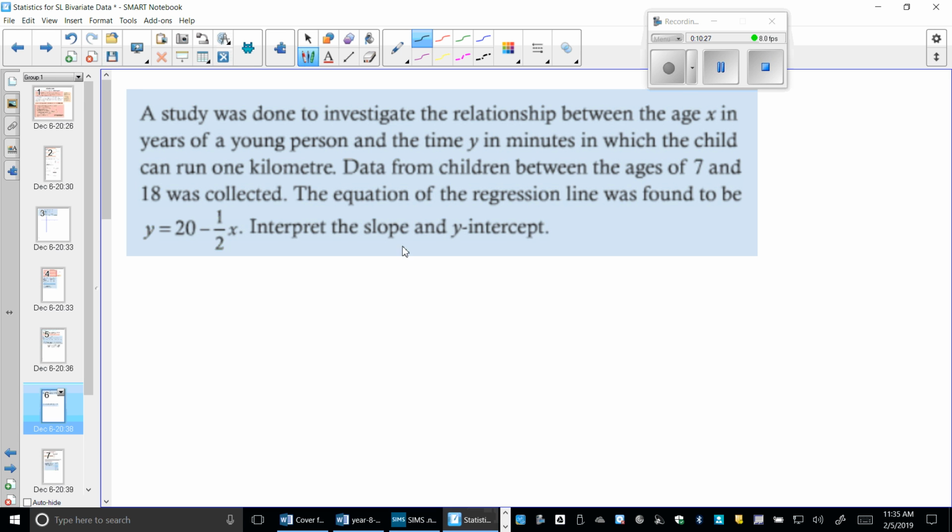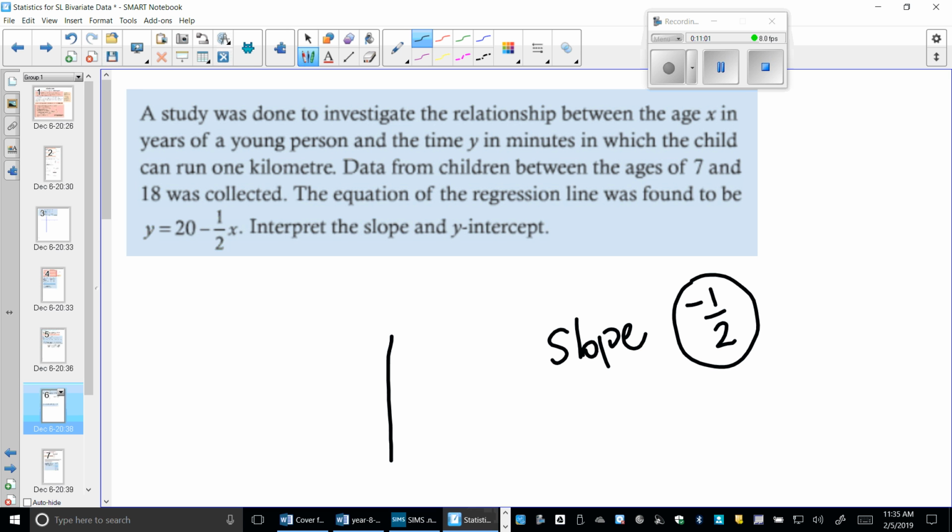So what is the slope or gradient for this particular question? -1/2. Okay, so our slope is -1/2. What does that actually mean for this particular question? Careful, it's -1/2.